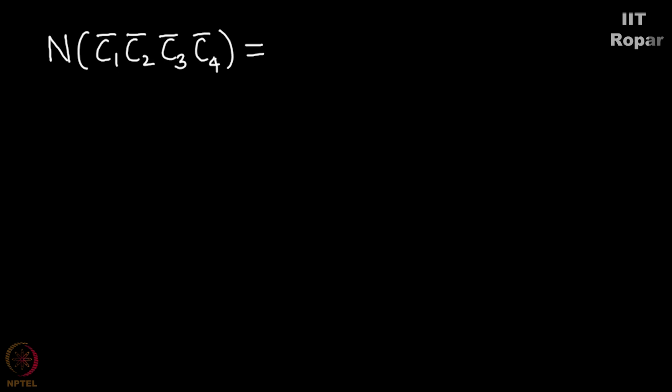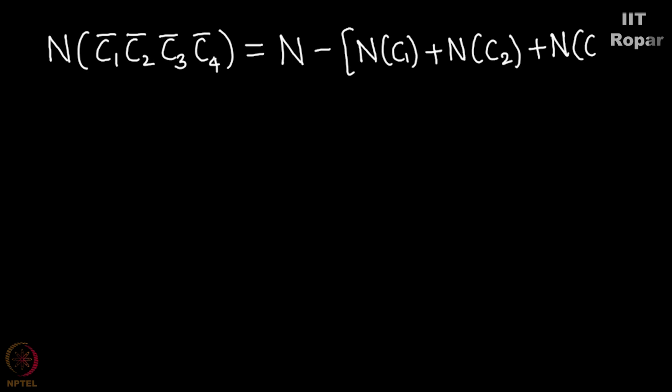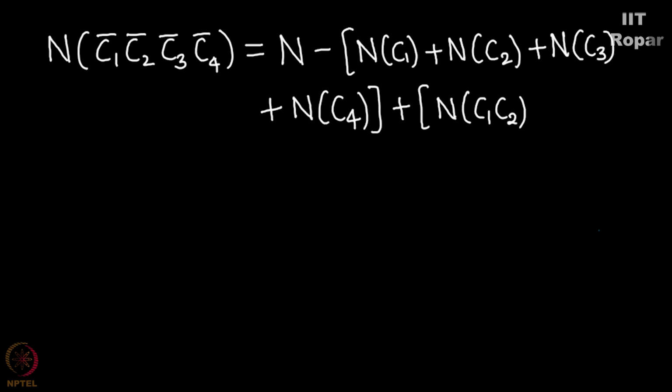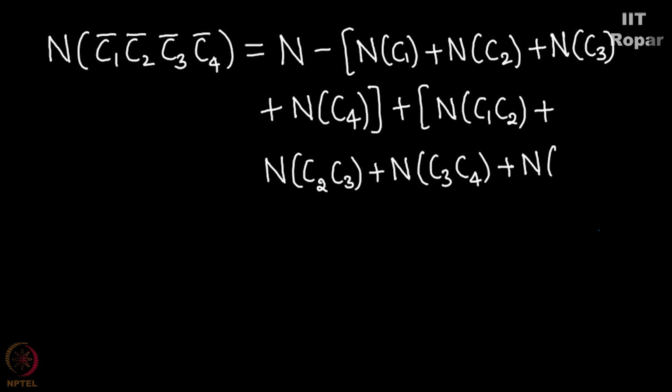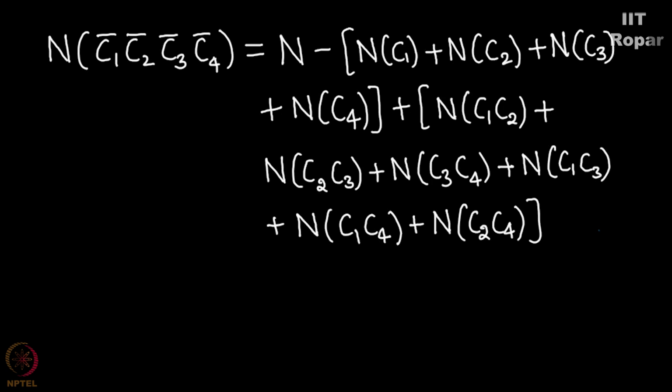So, the simplified version goes like this. N of c1 bar, c2 bar, c3 bar, c4 bar is equal to n minus n of c1 plus n of c2 plus n of c3 plus n of c4, which is nothing but s0 minus s1 plus s2. S3 and S4 are 0, so I'm not considering them. S2 is what? N of C1, C2, C2, C3 and so on, right? So now, n is 28 choose 25, all possibilities.